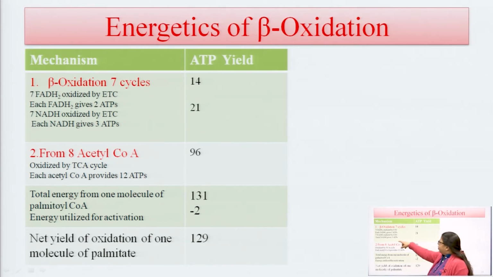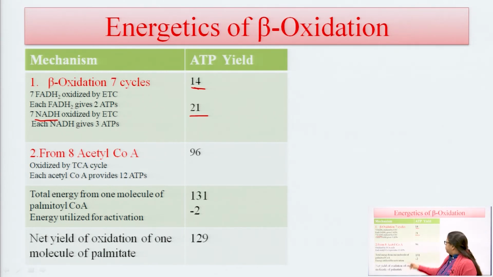So 1 FADH2 gives 2 ATP, so 7 FADH2 give 14 ATP, and 7 NADH produced in the beta oxidation give 21 ATP, because 1 NADH is equal to 3 ATP here. So 1 FADH2 is equal to 2 ATP, and 1 NADH is equal to 3 ATP.